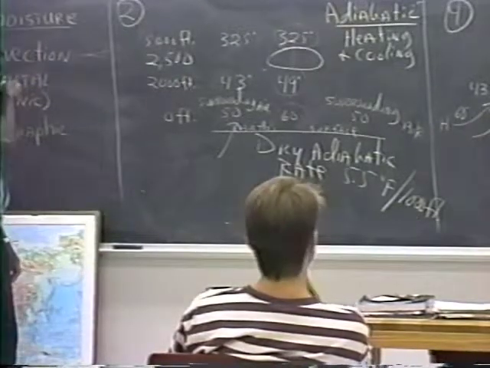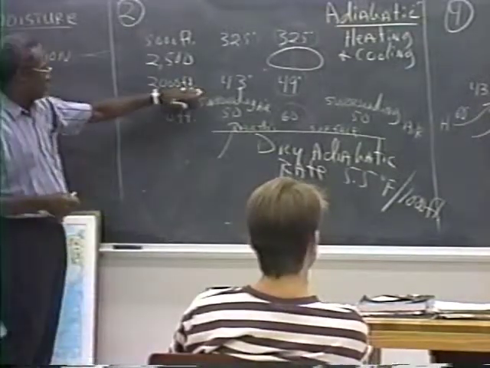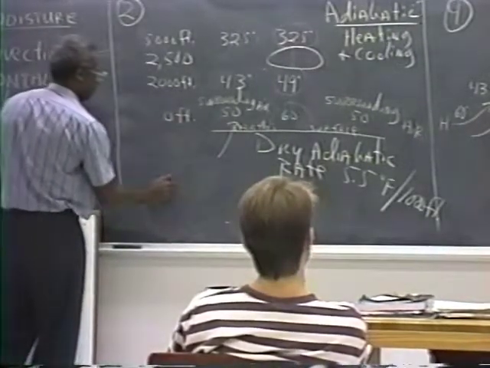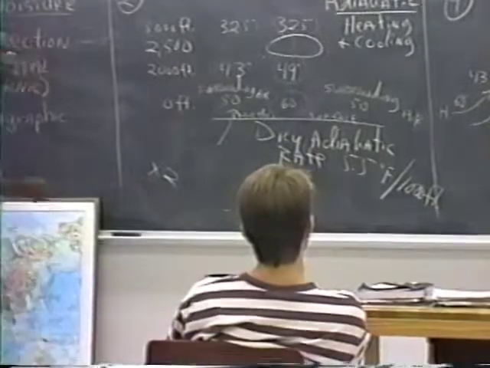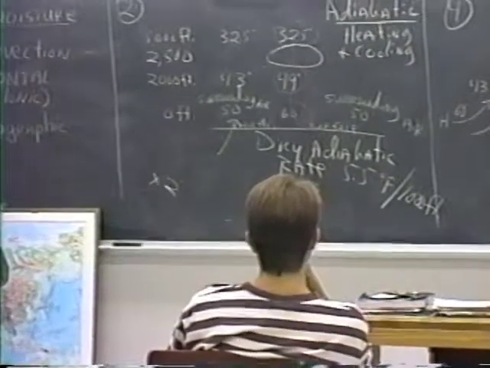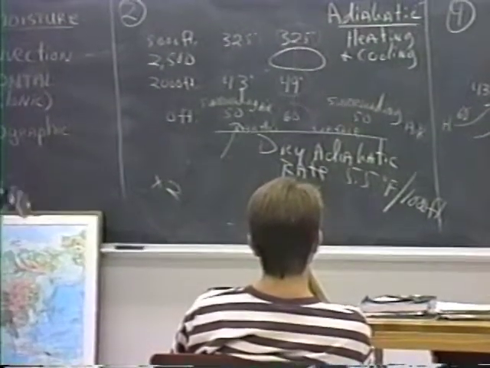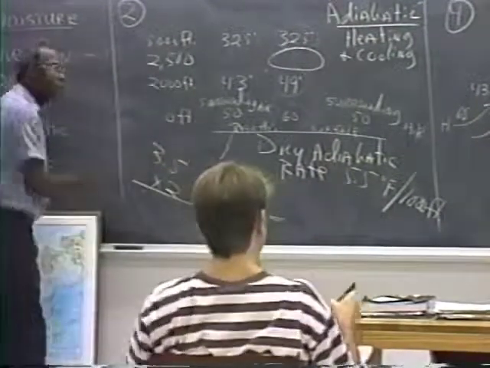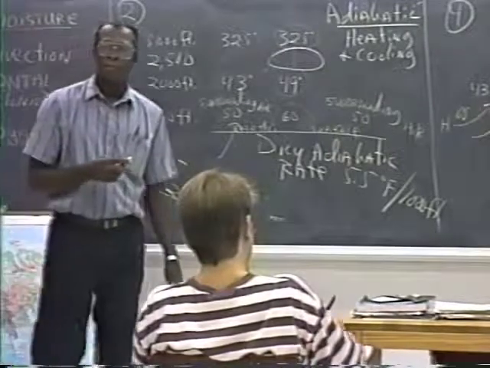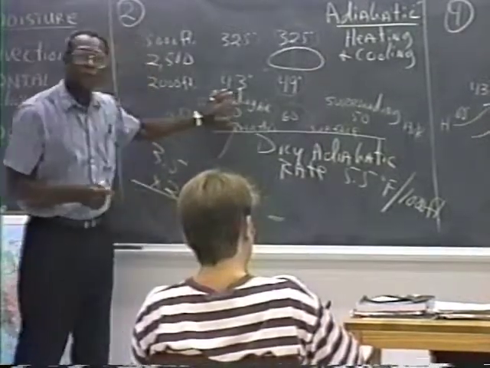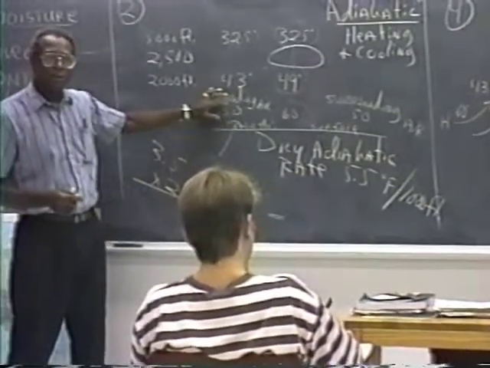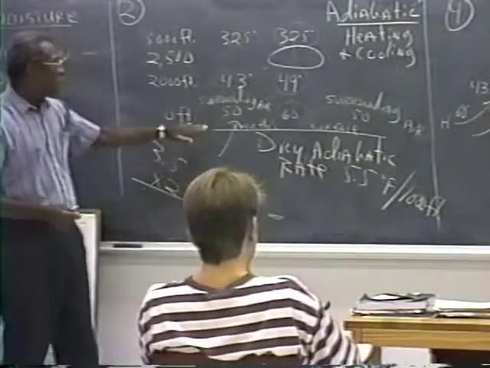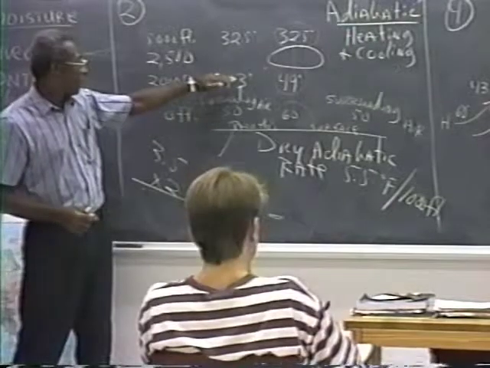In other words, for example, if you wanted to know the temperature at 2,000 feet, you would multiply 2 times, not 5.5, because that's rising air. You would multiply 2 times 3.5, because the surrounding air does not imply atmospheric rising. The air is stable. All we want to know is what is the temperature at 2,000 feet.